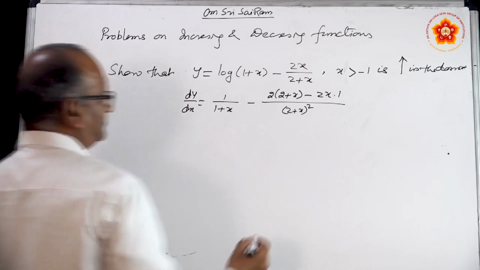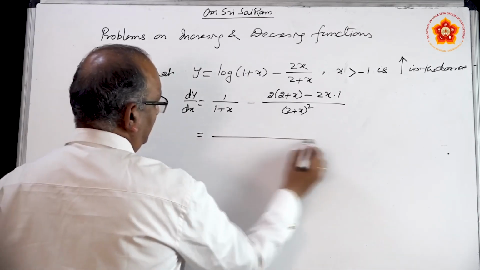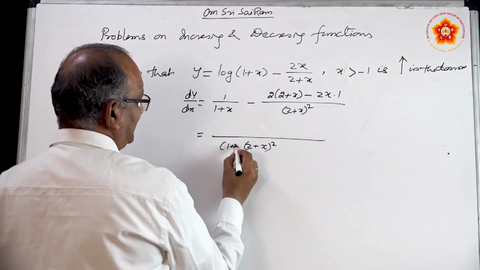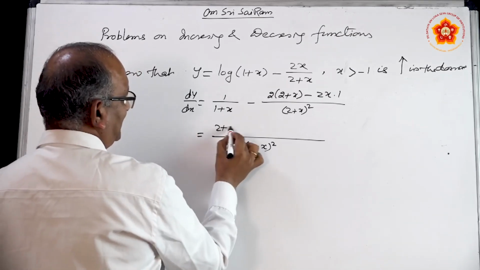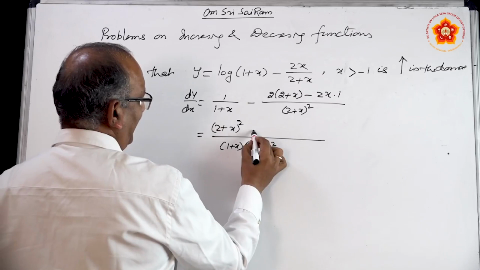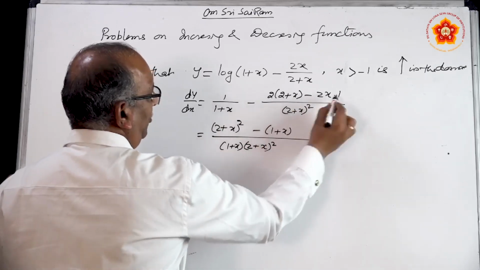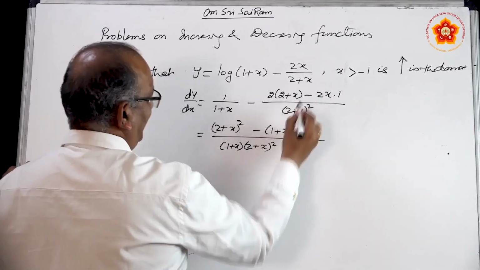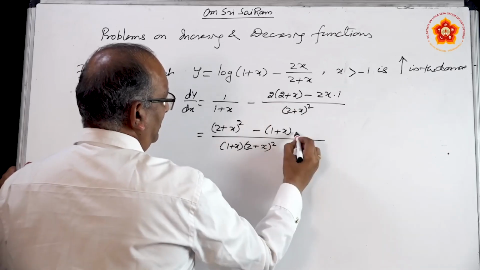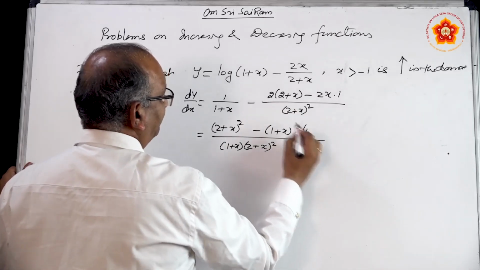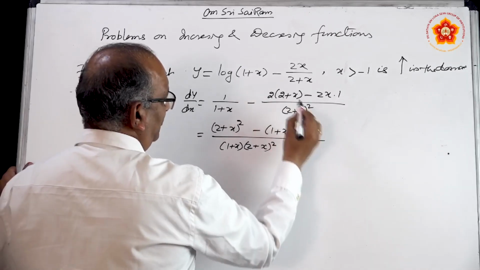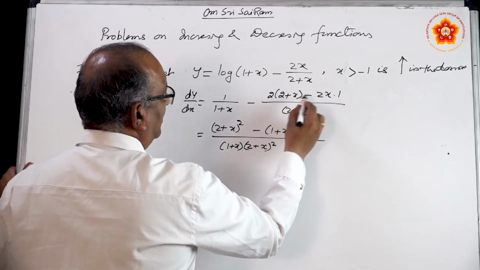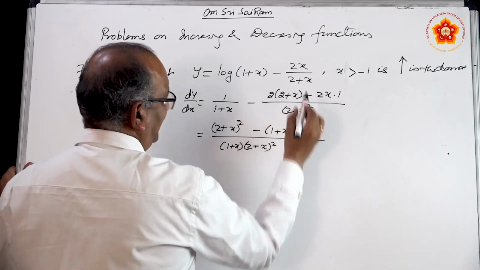Simplify further. Taking the LCM, you get 2 plus x whole square minus 1 plus x into, when you open this, 2 2s are 4 minus 2x, here we have minus, it will become plus 4 minus 2x. 2 into x here and minus 2x will get cancelled.